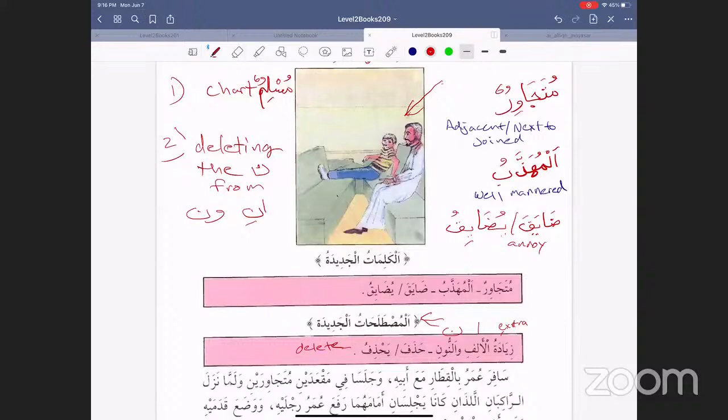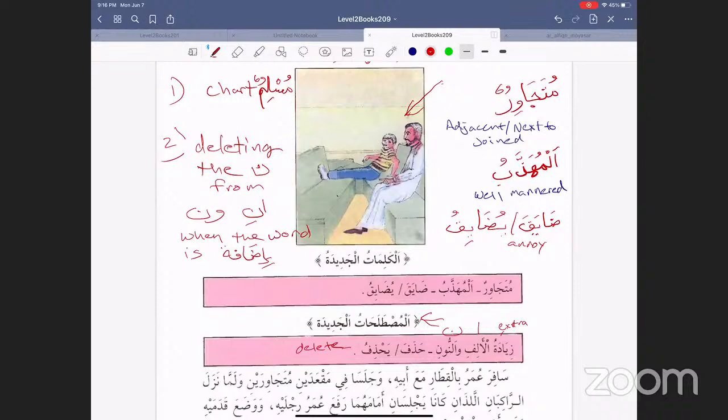So it's going to focus on deleting the noon from ani or una when the word is, if you remember this, idafa, meaning mudaf and mudaf ilayh. And we're going to go through examples, so don't worry if you forgot right now.